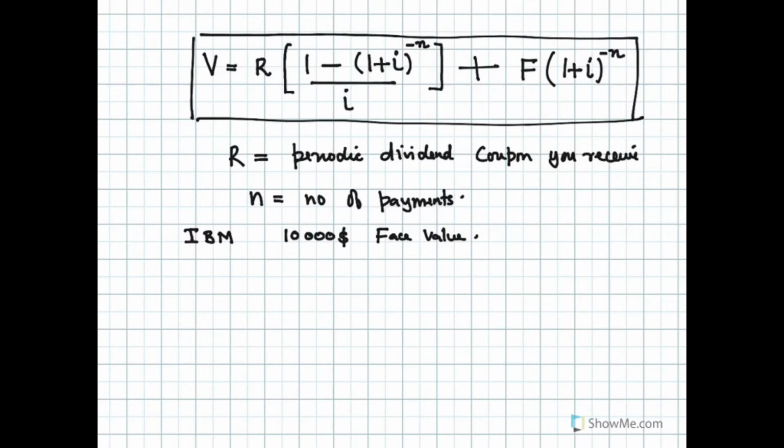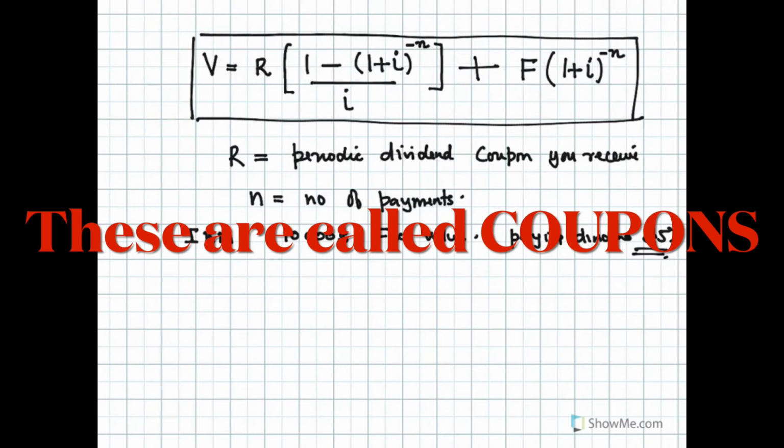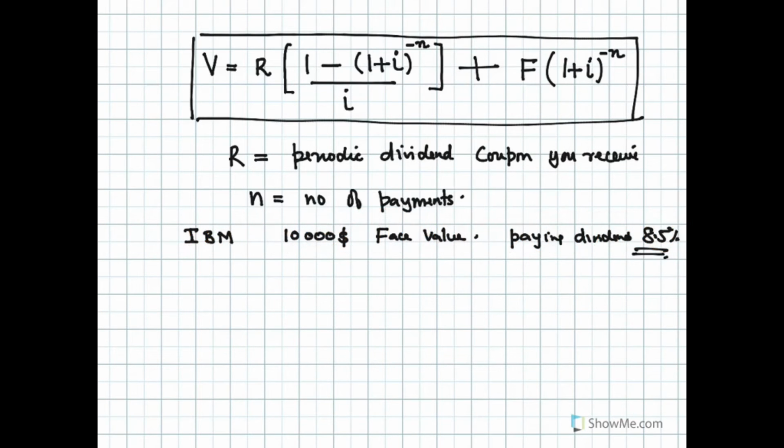Now they are paying a dividend of 8.5%. So the dividend you're going to get is $850 every year. So 8.5% is the dividend they are paying. The bond will be redeemed after 10 years.